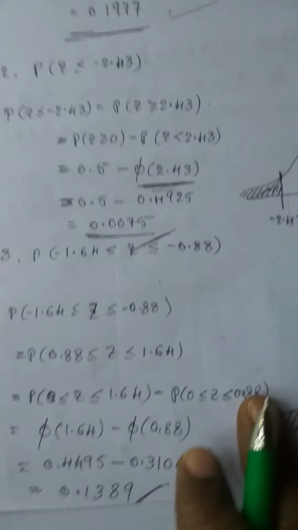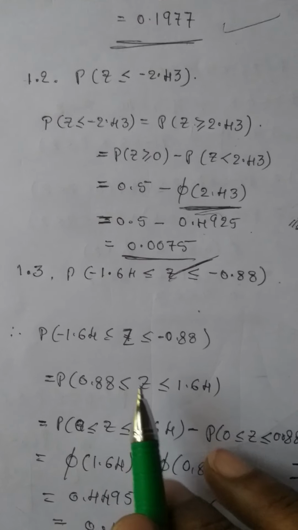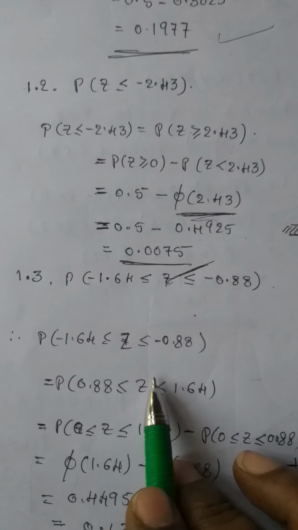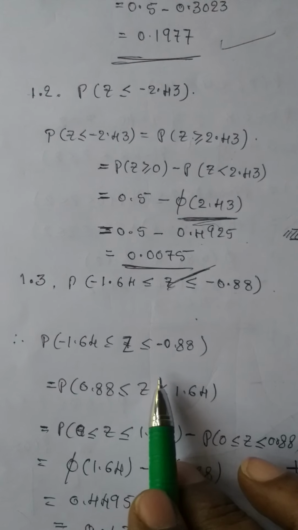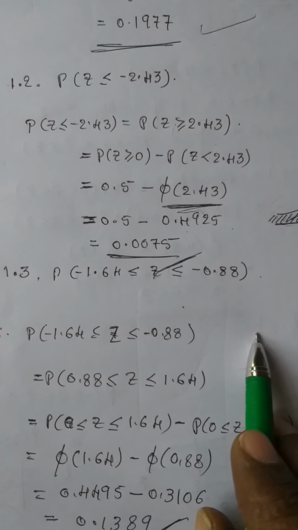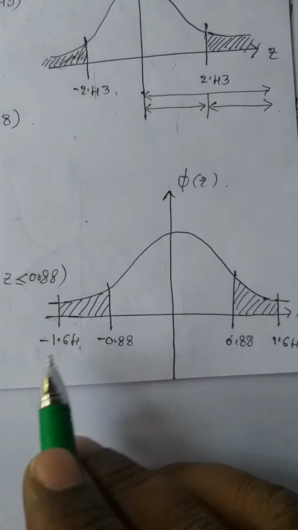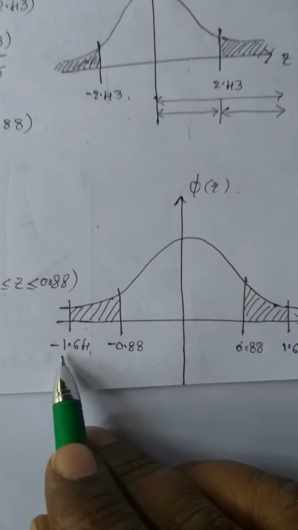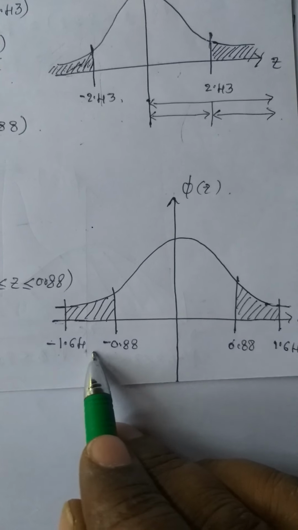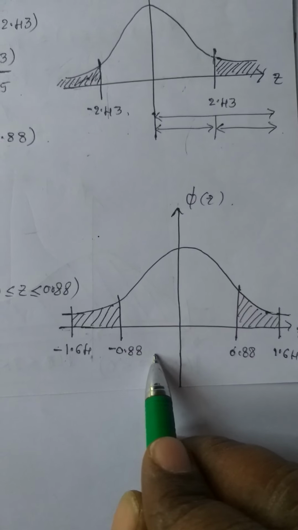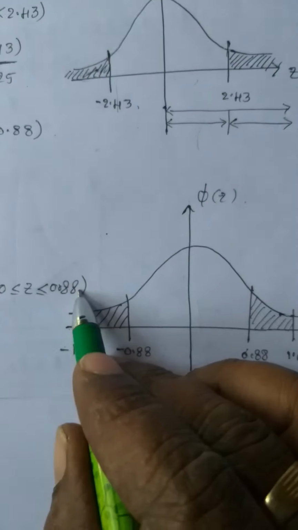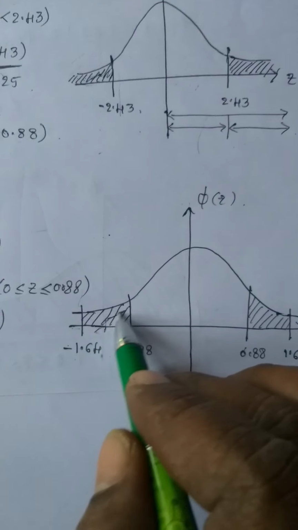Now when you come to the third problem, they are asking us to get Z lies between minus 1.64 to minus 0.88. Now in the bell-shaped curve, here Z we have taken minus 1.64 to minus 0.88, meaning we have to calculate the shaded region.